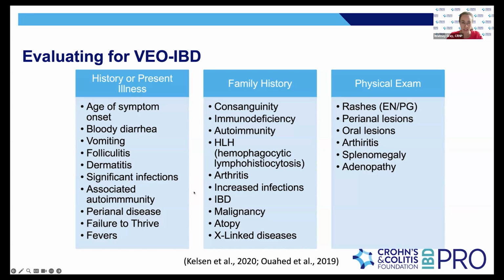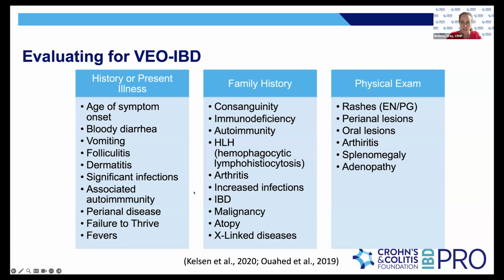Then go through the family history, specifically asking about consanguinity, immunodeficiencies, autoimmunity, HLH, arthritis, increased infections in the family, any other family members with IBD, malignancy, atopy, and X-linked diseases.